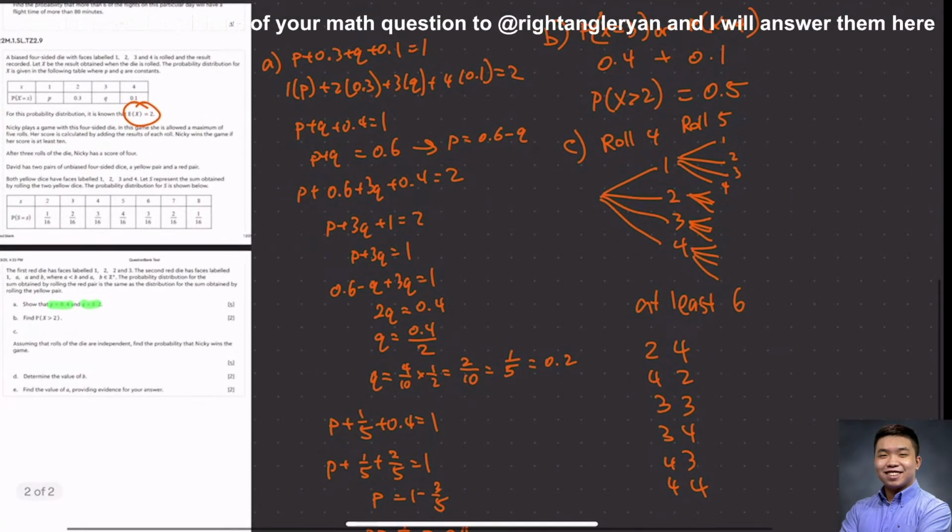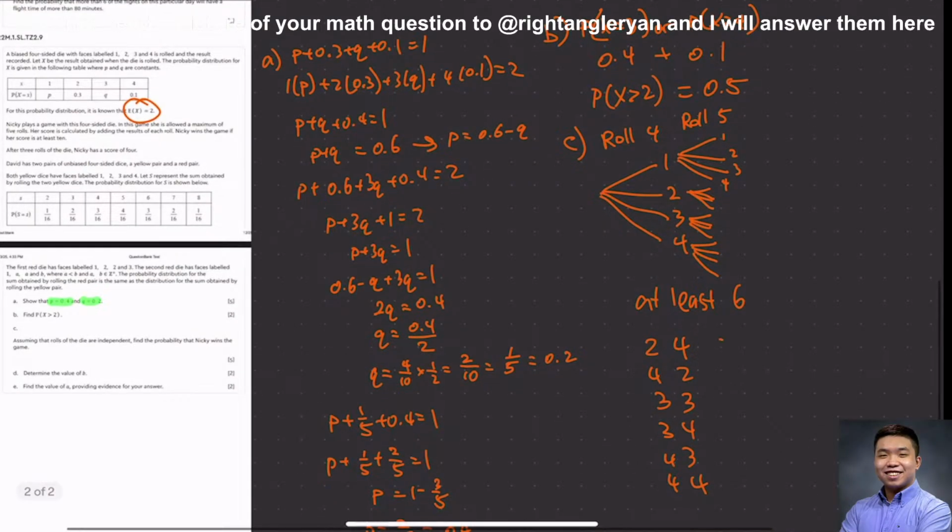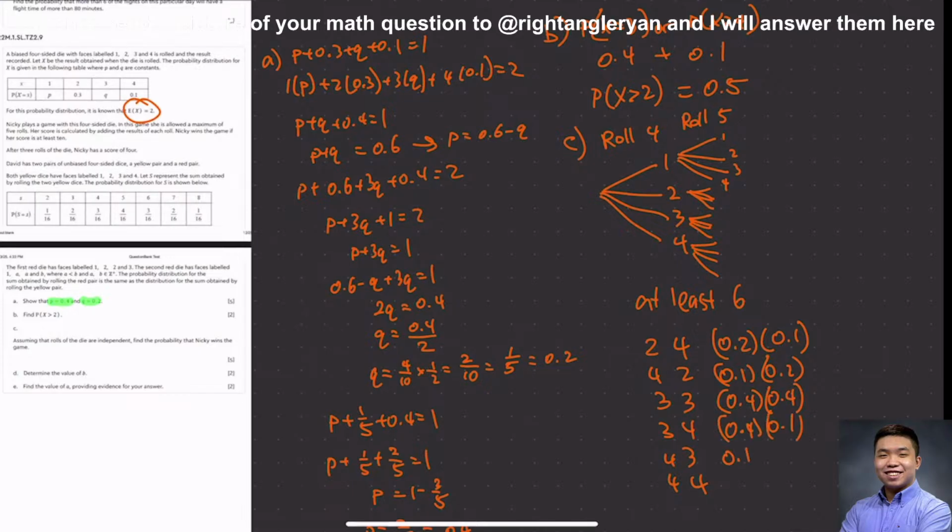Now, if I roll a 2, what's the probability of 2? For 2, 4 it's 0.2 times 0.1, which is 0.02. Again, this is 0.1 times 0.2. And then for a 3, we need 0.4 and then 0.4. For 3 and 4, we have 0.4 and 0.1, 0.1 and 0.4, and then 0.1 and 0.1.